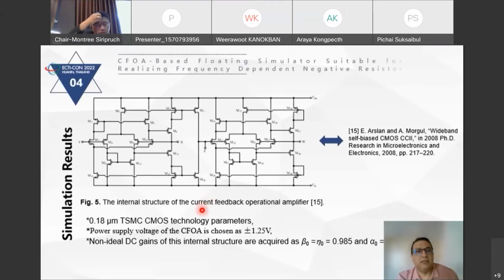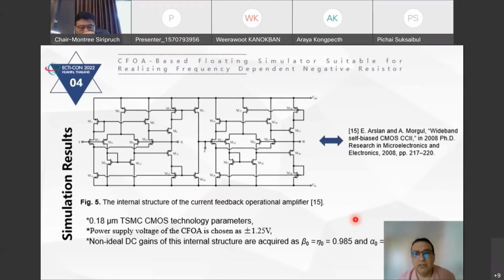In order to simulate our CFOA and our circuit, we use the CMOS structure given in figure 5 for simulating the current feedback operational amplifier. This CMOS structure is obtained from reference 15, and we use 0.18 micrometer TSMC CMOS technology parameters.